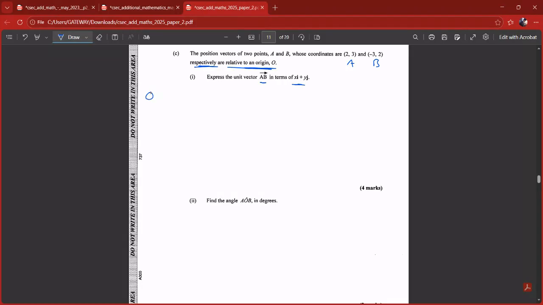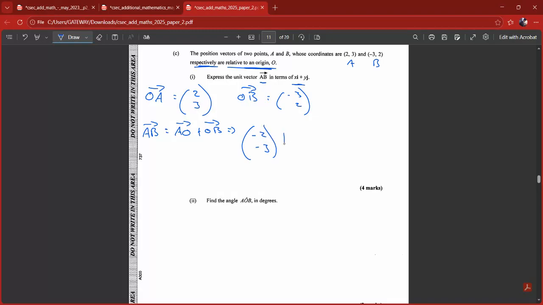So you have OA is equal to (2, 3), OB is equal to (-3, 2). To get AB, we're going to say this is AO plus OB. Now, if OA is (2, 3), then AO would be (-2, -3), plus OB, which is (-3, 2).